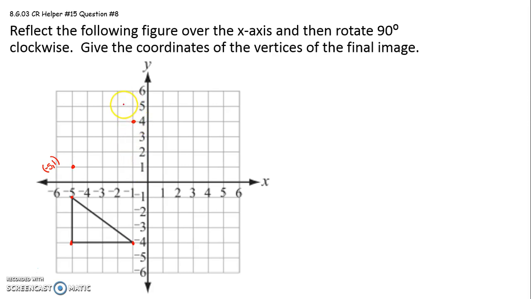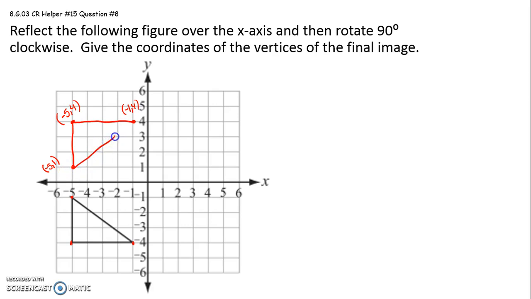And that would be then -1 up 4. And if this is 1, 2, 3, 4 below, again, I have to go 1, 2, 3, 4 above. So that would be -5, and 4 above would be a +4. So now I've reflected it over the x-axis.